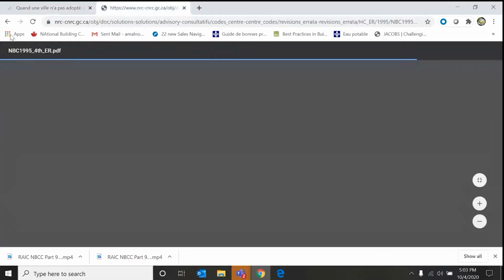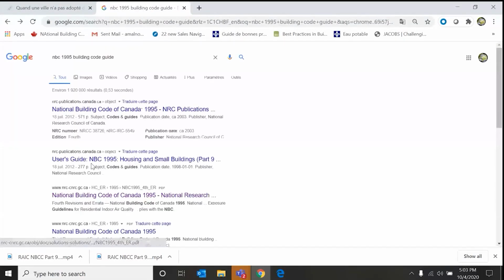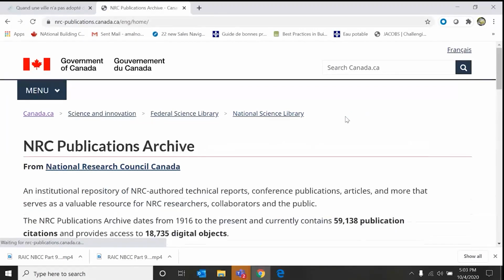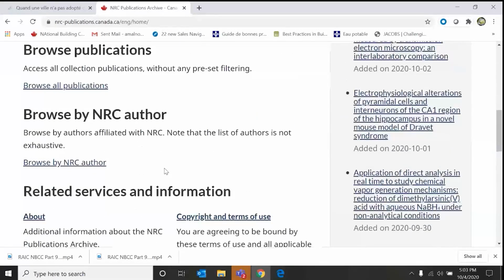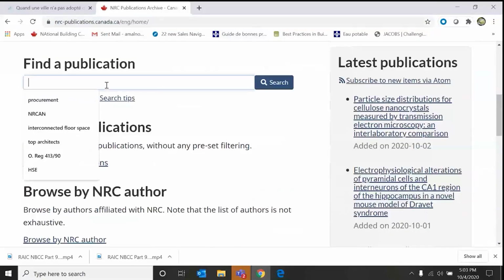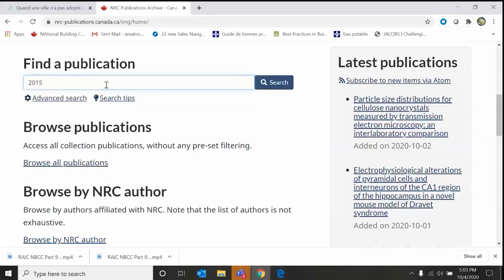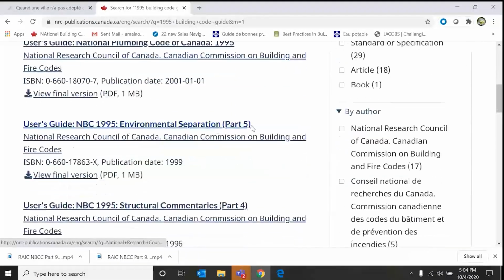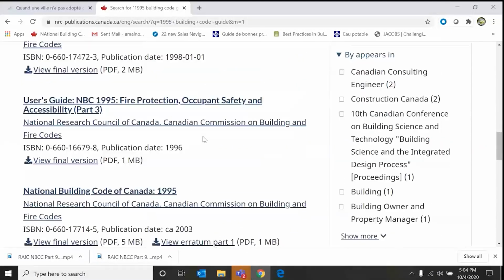This is the guide. 2015 to 1995. Part 9, part 3.